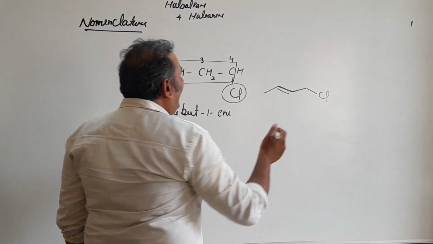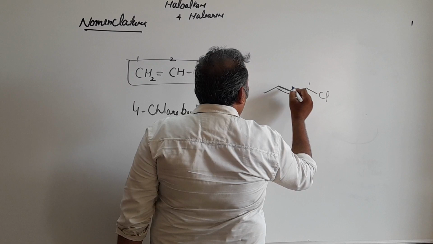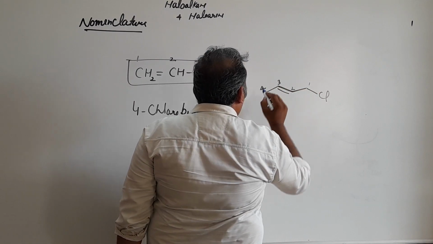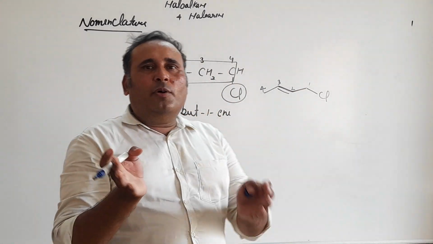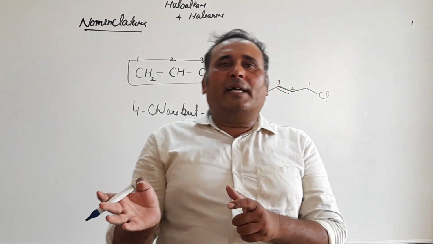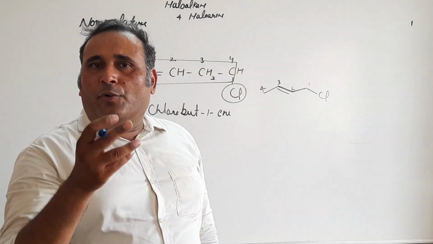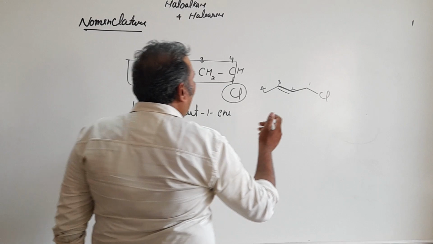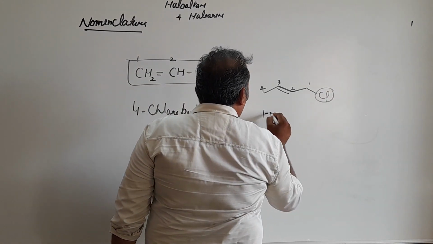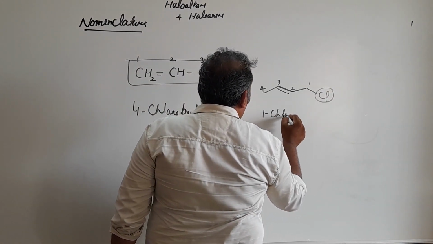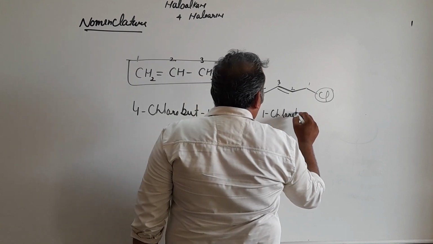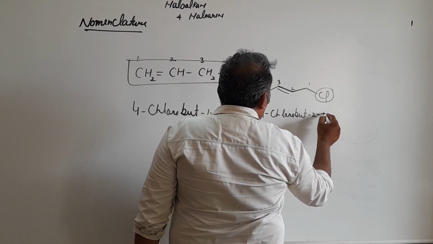So 1, 2, 3 and 4. If the multiple bond position ties from both sides, then we give priority to the lowest locant for the halogen. So its name is 1-chlorobut-2-ene.